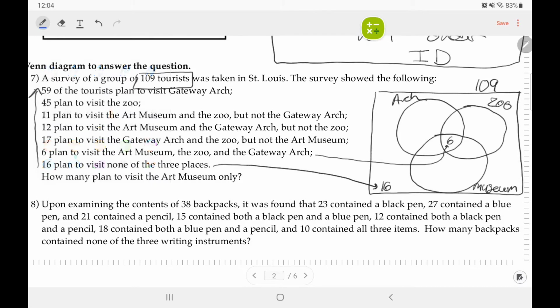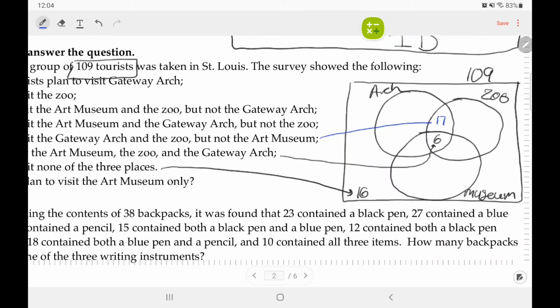Now it says 17 plan to visit the Gateway Arch and the zoo, but not the art museum. Gateway Arch and zoo is right here, as well as not the art museum, so my 17 will go right here. I want to state this for those that are with me.